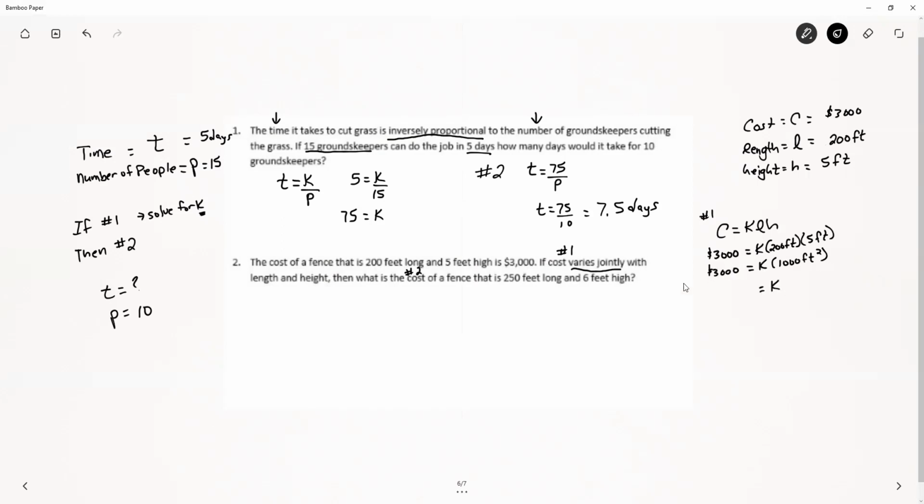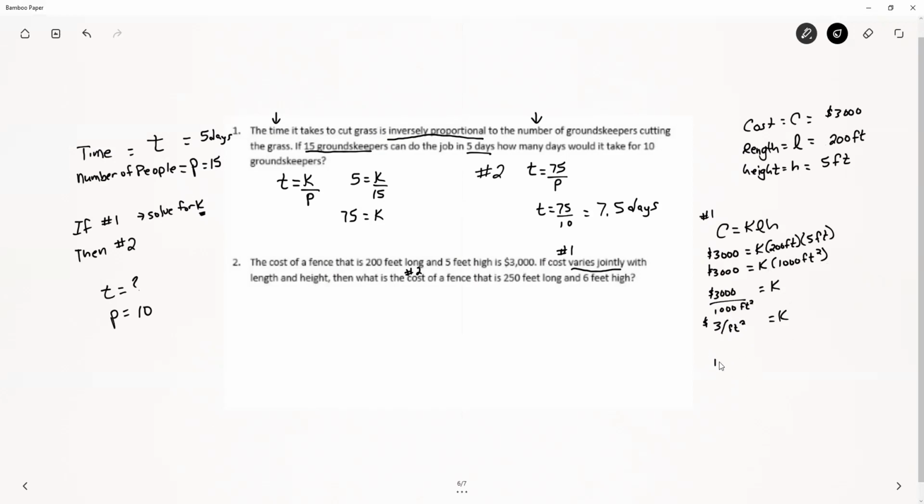Solving for K, divide both sides by 1,000 square feet. So we have $3,000 divided by 1,000 square feet. So K is $3 per square foot. That's how we solve for K.